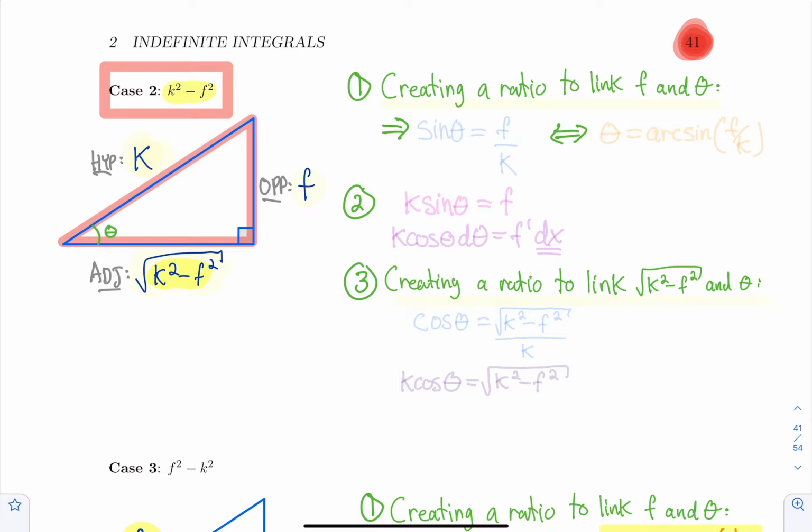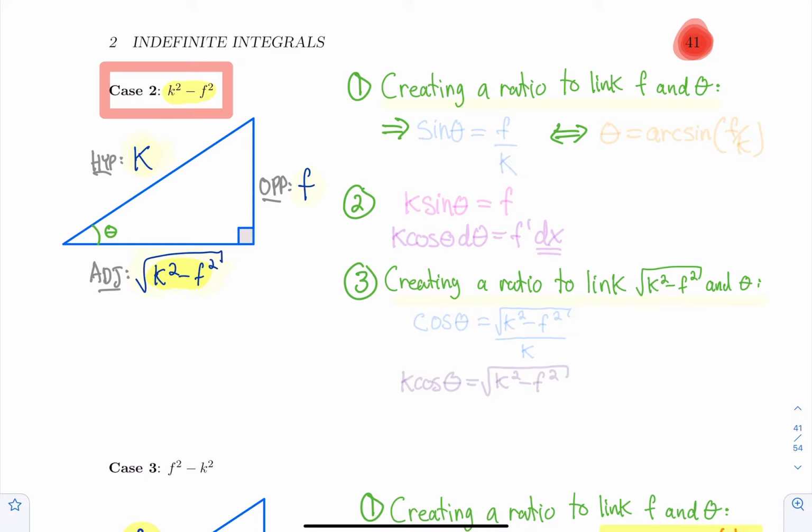Always make sure that the right triangle, using basic geometry here, is set up such that by computing the missing side, you get back your difference of squares. So in this case, computing the adjacent side using Pythagoras' theorem, hypotenuse squared, k squared, minus the opposite side squared, f squared, square rooted, gives you a square root where the inside is your difference of squares.